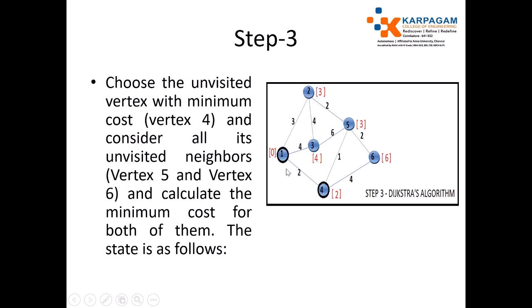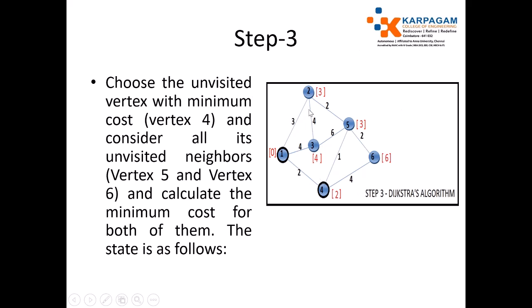Also, from source to destination via 4, the cost of reaching 6 is 2 plus 4, 6. Compared with infinity, 6 is less, so I have updated it as 6. So the resultant graph looks like this.